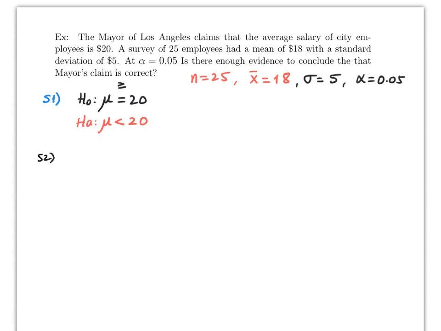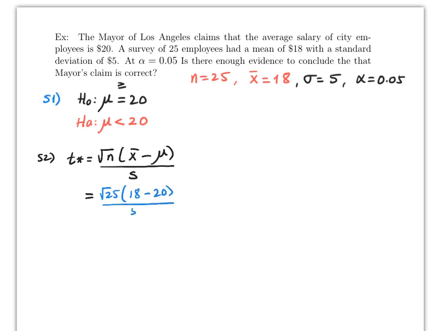For step 2, remember we need to find t star, or the test statistic. Remember, this was the square root of n times x bar minus mu, divided by s. So in our case, this is equal to the square root of 25 times 18 minus 20, divided by 5, and this is -2.